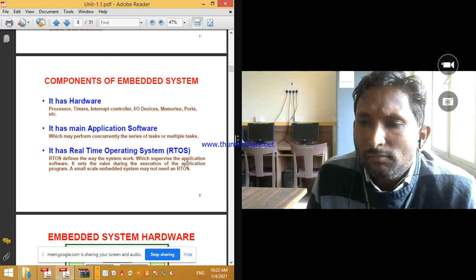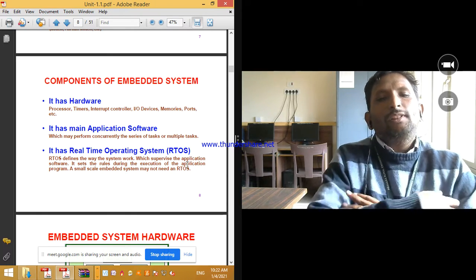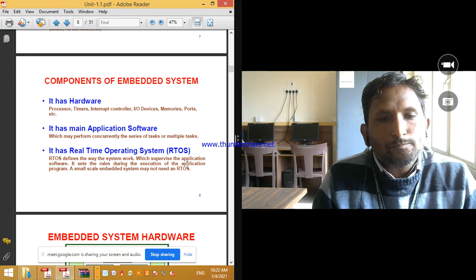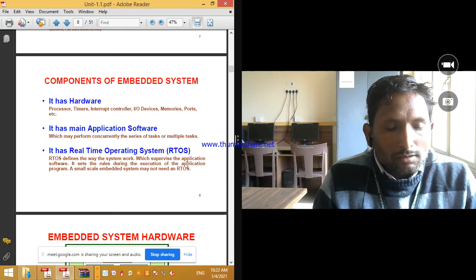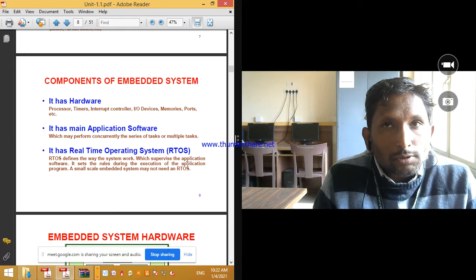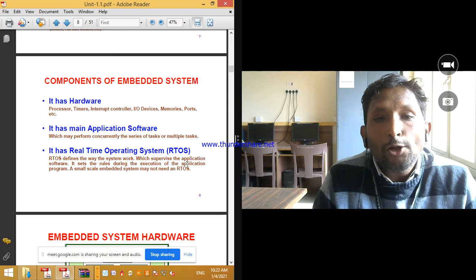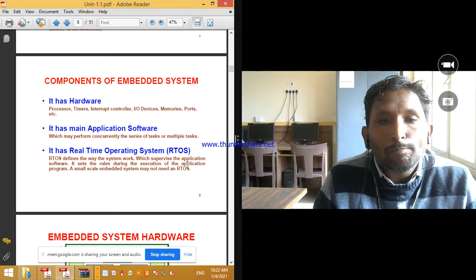Our program of LP4 that we are going to see with the help of two processors is actually one kind of embedded system. That is Arduino Uno. Again, there are different 20 to 25 Arduino boards available.